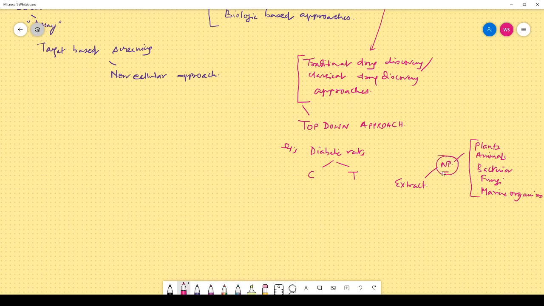You take an extract, and you administer the extract to test subjects, and in control you give the solvent that has been used for the extract, and then you see whether there is a difference between the control and the test, and you find that in the test the sugar level has gone down. Then you say that this extract has got a hypoglycemic effect.